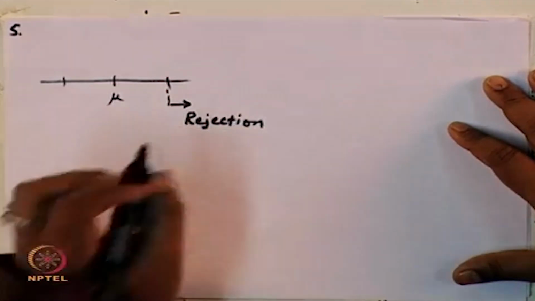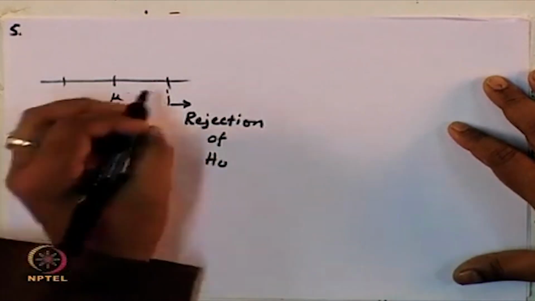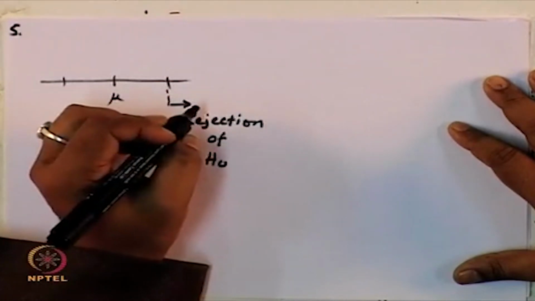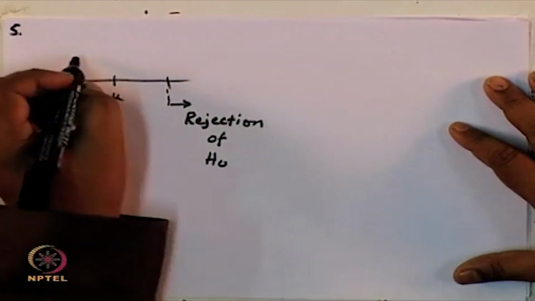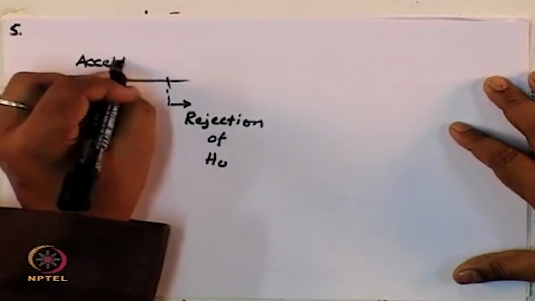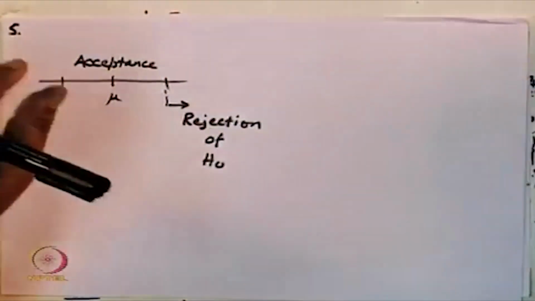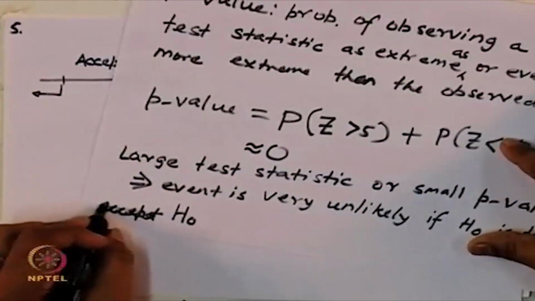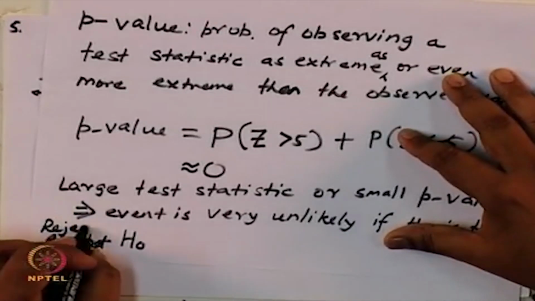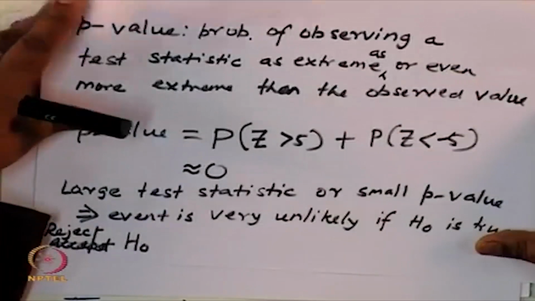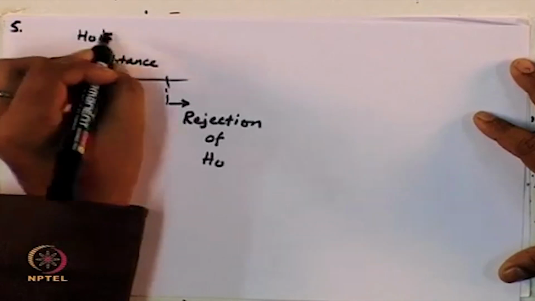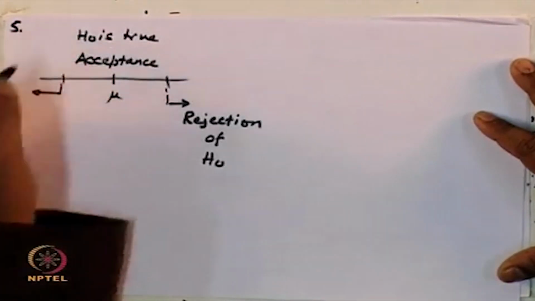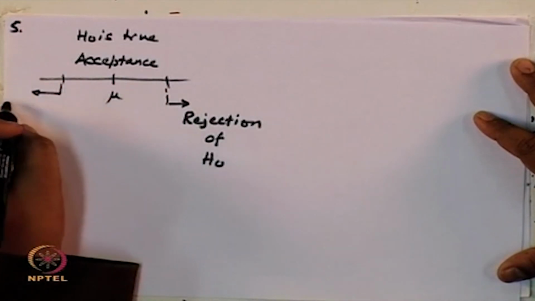Rejection of H naught is when this value is very far off, and this is the acceptance region. In the last case I have to reject H naught, since this is 5 standard deviations away from it. So, this is the acceptance region where H naught is true, this assertion is accepted, versus for these 2 points you have a rejection.